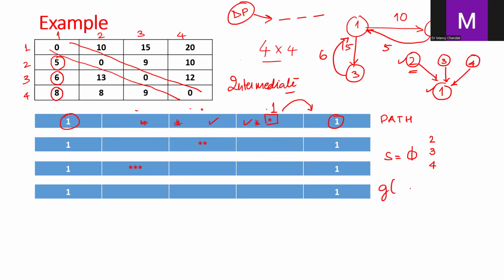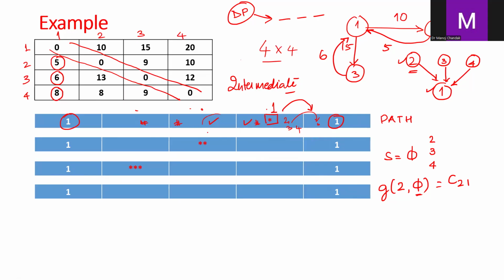So my formula will look like g of 2 comma 5, which will be treated as cost of 21. Why this 5? Because if I am using this location and I am traveling here, then in this case there is a direct path from either 2, either 3 or 4. So there is no intermediate here in between this vertex 2 and 1.